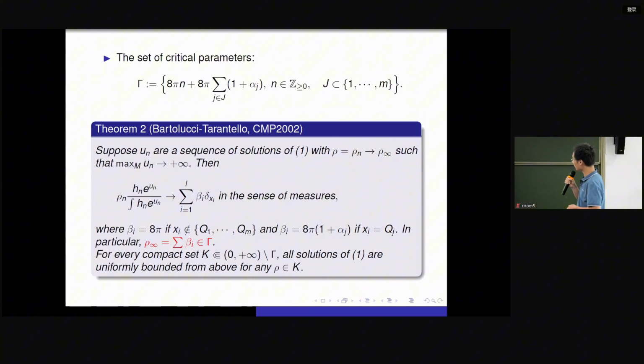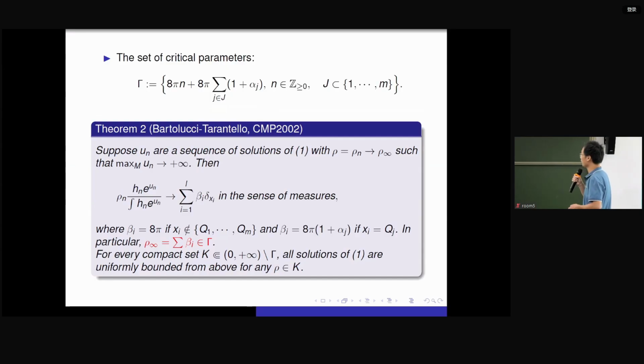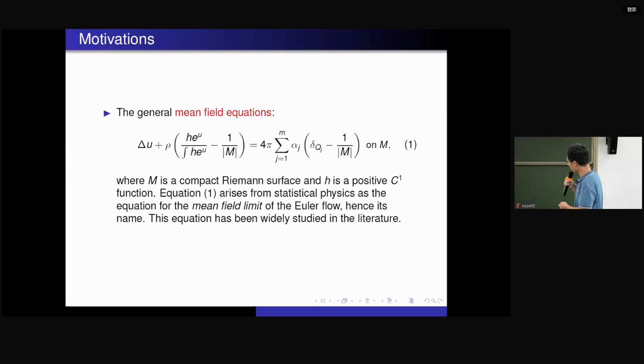Here the coefficient beta i is a pi if the blow up point xi is not a singularity. This equation has a singularity at qj. So if the blow up point is not a singularity of the equation, then beta i is always a pi. But if the blow up point xi equals some qj, then beta i equals a pi times 1 plus alpha j, where alpha j is this coefficient.